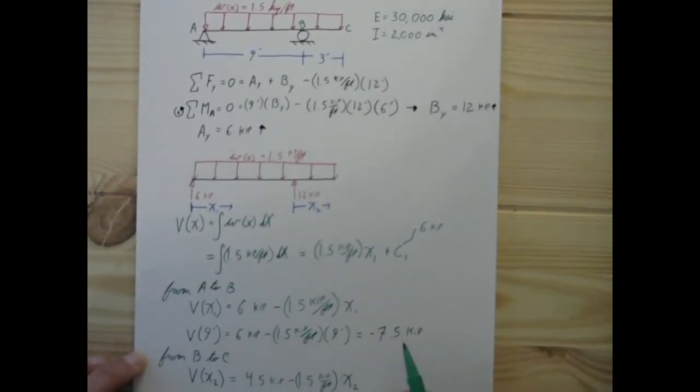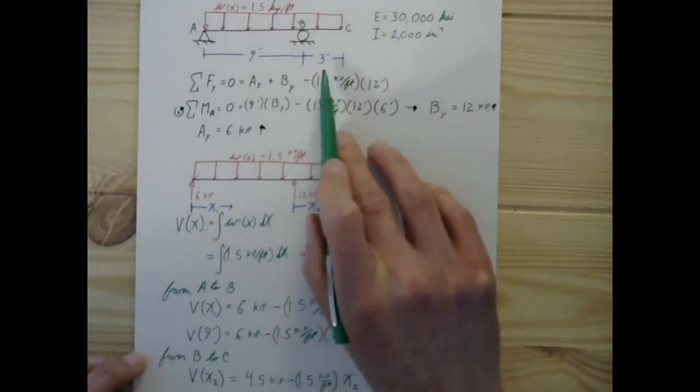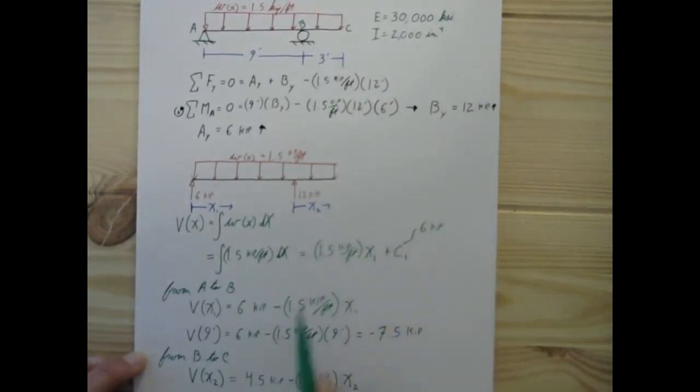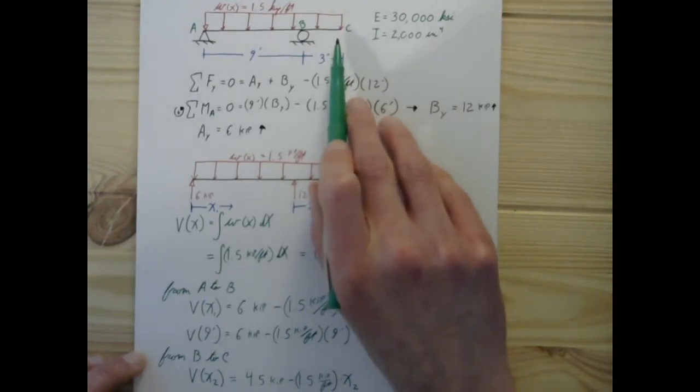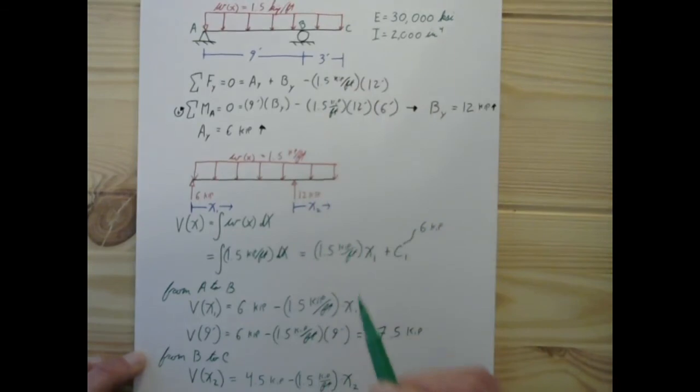And we need to be sure that if we plug in 3 feet, we end up with 0, because this is a free end. We sure as heck can't have any internal shear at the end of this. So plug in 3 feet to this, and we end up with 1.5 times 3 is 4.5. It's negative, so this does end up being 0 at 3 feet. Good.